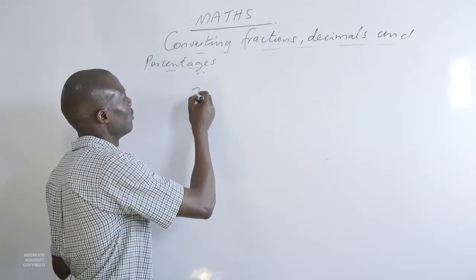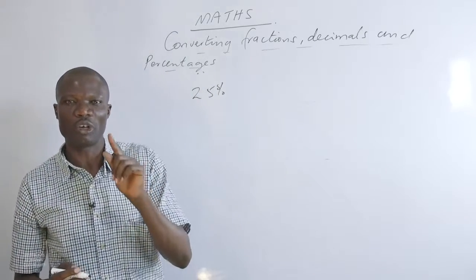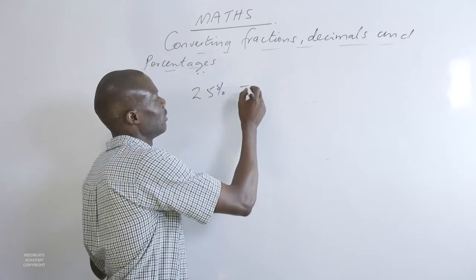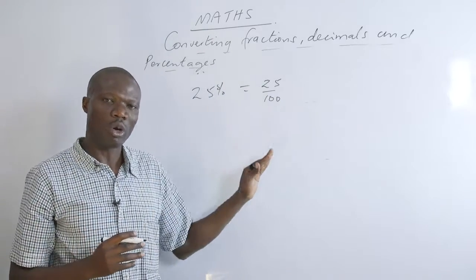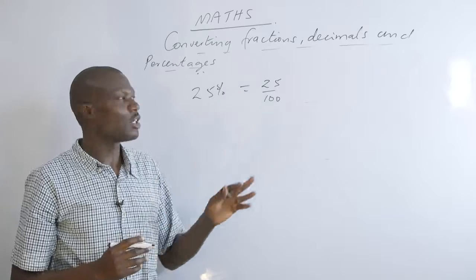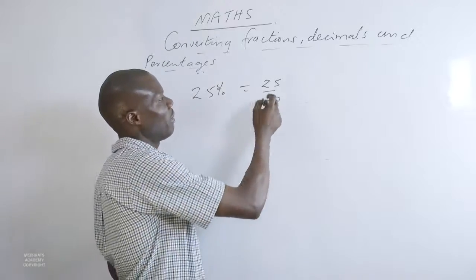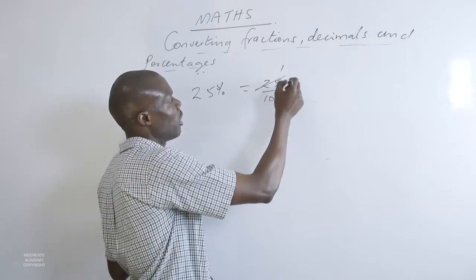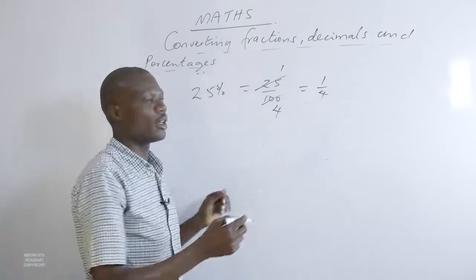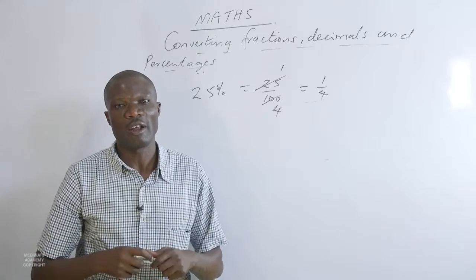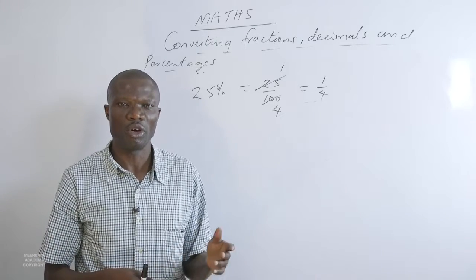So we are asked to convert 25%. 25% is the same as 25 out of 100. Because now this is a fraction, simplify it to its simplest form, whereby 25 goes into 25 once and into 100 four times. Therefore, 25% is equivalent to 1 over 4, or a quarter.